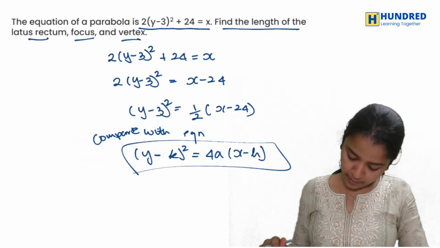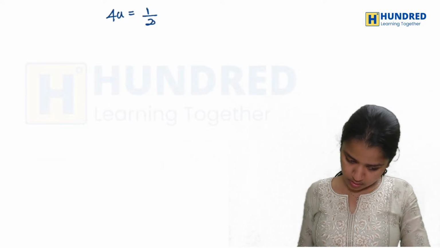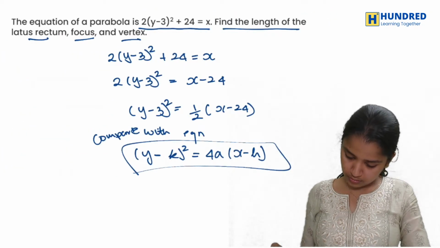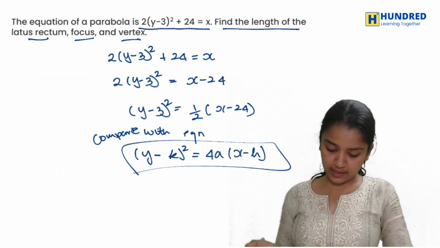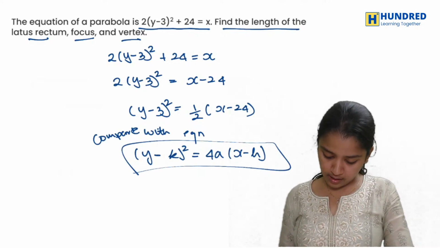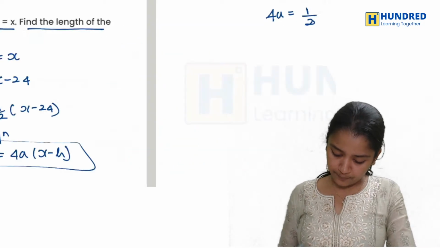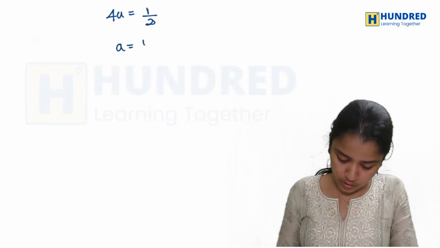What about my a? So 4a is equal to 1 by 2, so a is equal to 1 by 8.